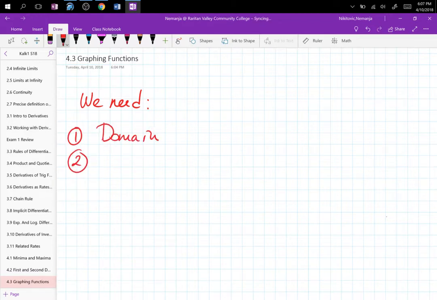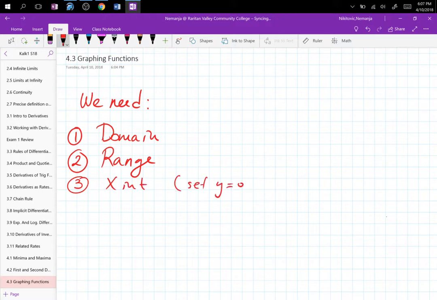Number 2, that we will pretty much always skip, range, because you technically see the range after you draw the function. Number 3, x-intercept, and you get that when you set y equal to 0. Number 4, y-intercept, when you set x equal to 0.